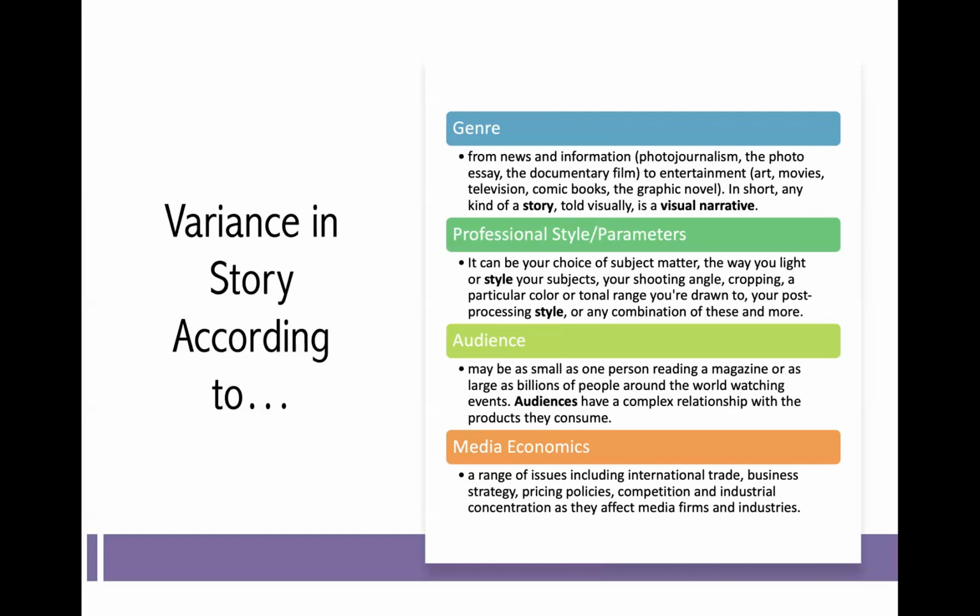And then last, we have media economics, which is a lot of different things rolled into one. So it includes like trade and business strategy, how things are priced, how you versus the competition looks, industrial entities. All of these things have an impact on the way that we look at media. So think about the photo of the strike.